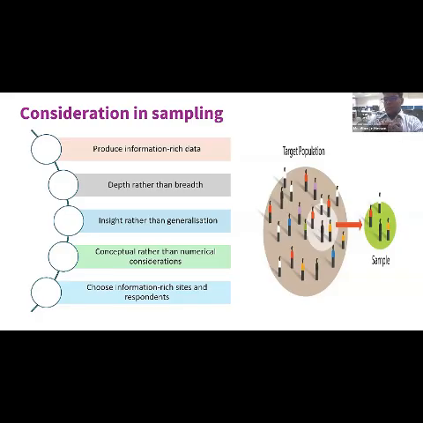And it is conceptual rather than numerical consideration, choosing information-rich respondents. If we take the target population in the photos on the right side, we can select very few participants based on their basic characteristics.